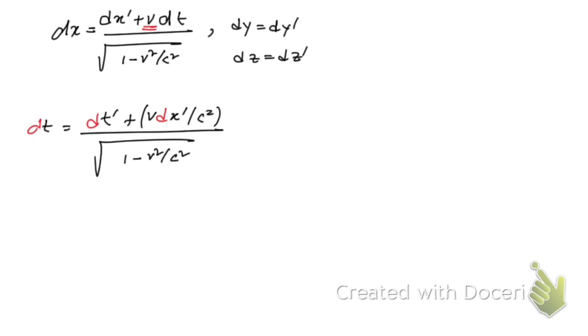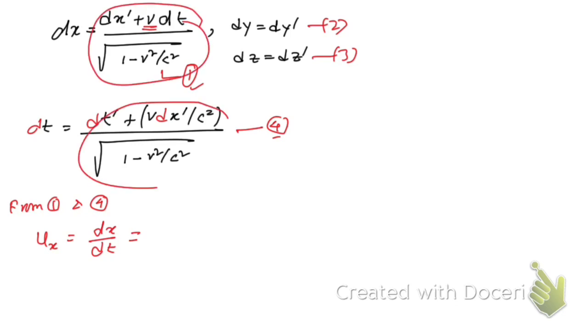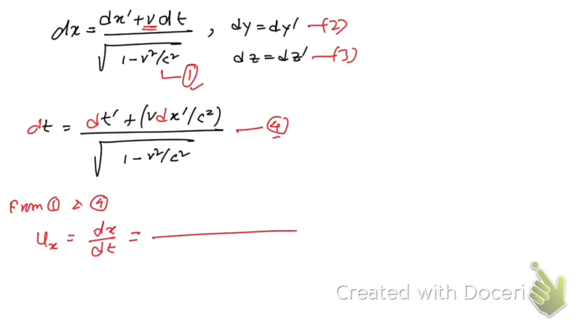So here you see, from equations 1 and 4, what we can write, we know that ux is equal to the time derivative of x. So from 1 and 2, this is dx and this is dt, right? If we use these two results, then what we can have, let me copy these two results.